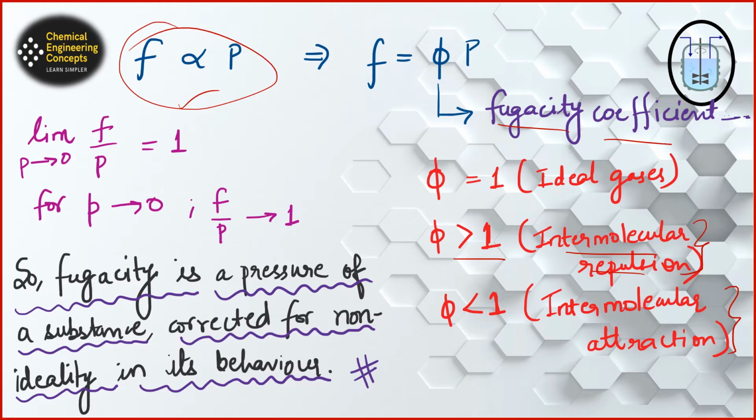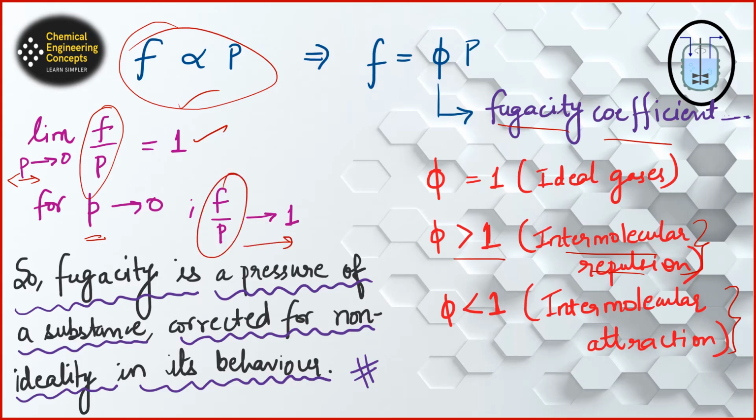Now if you take the limit of f by P as the pressure tends towards 0, this limit will come out to be 1, right? As the pressure tends to 0, what will this ratio become? That will be 1, right? So you can understand this: if P is tending towards 0, f by P will be tending towards 1.